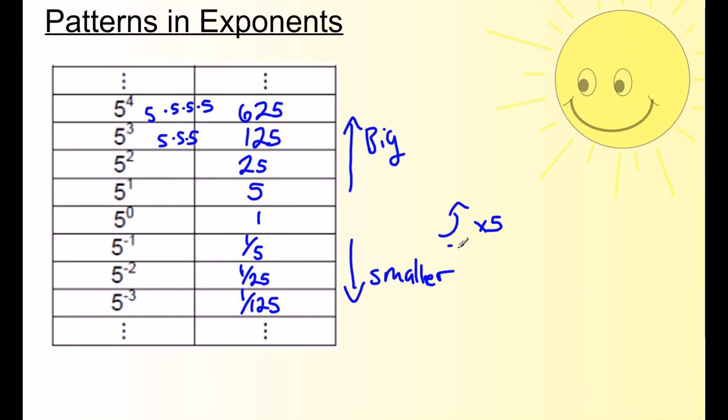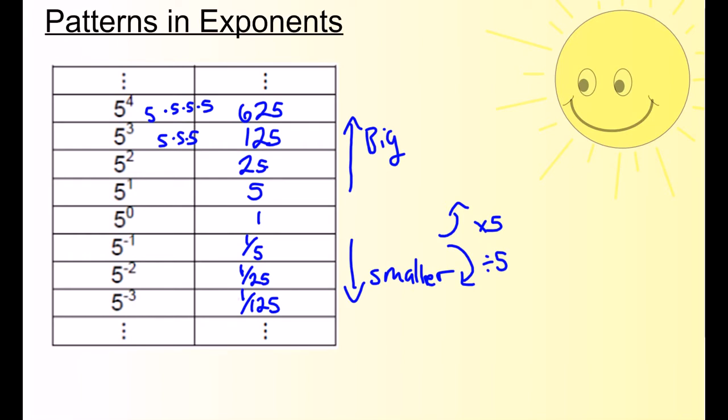Going the reverse, going down, is a divide by 5. So 625 divided by 5, 125 divided by 5, divide, divide, divide. So that just helps you picture these exponents in your brain to help you when you're doing some of your problems.